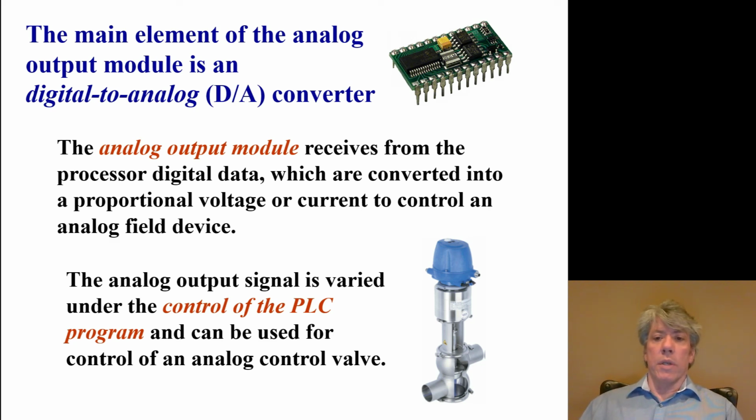There are all kinds of analog output devices that can be controlled, but basically, the purpose of this digital to analog device is to maintain a continuous voltage or current signal out to the final control element that is proportional to the demand from the PLC.